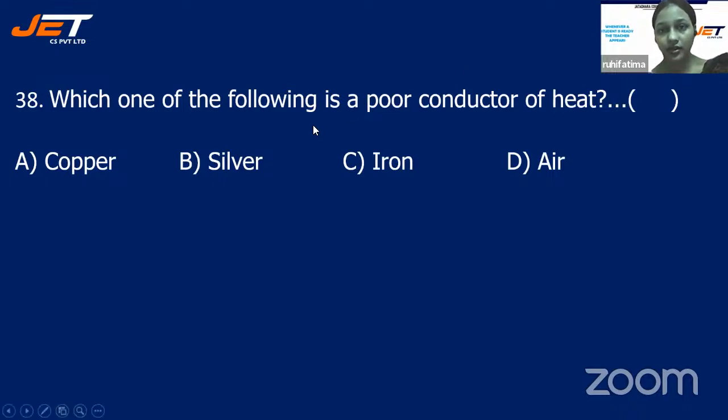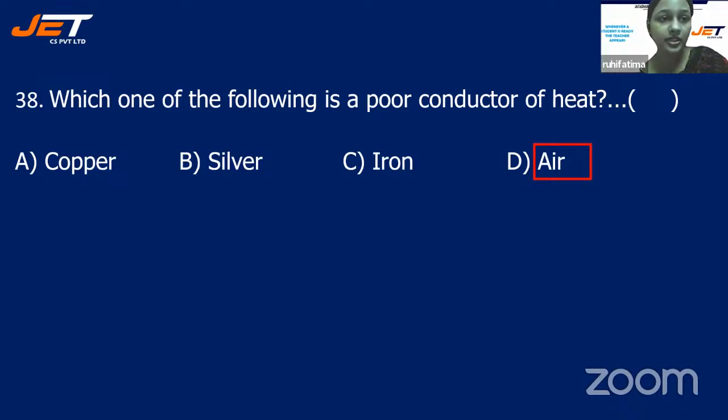Okay. And the correct answer is air. Okay. Air is the poor conductor of heat. Here, the options are given copper, silver, and iron. They all are metals, and metals are very good conductors of heat and electricity both. Okay.